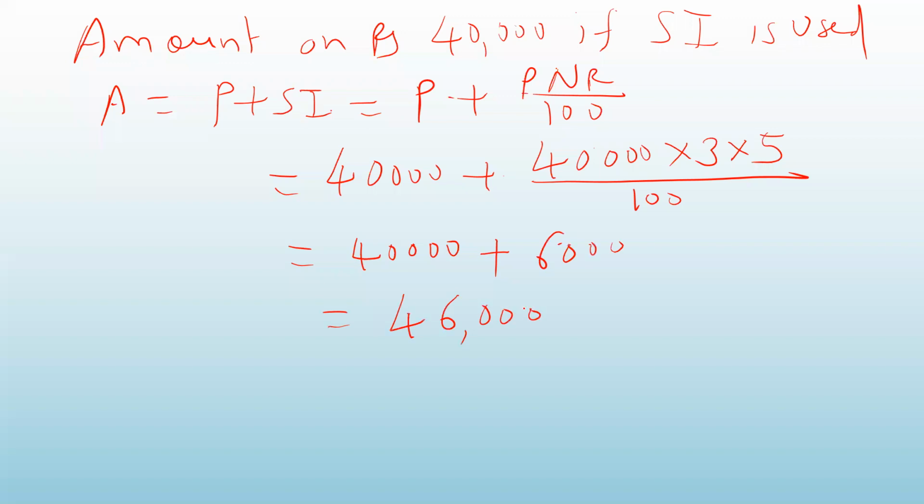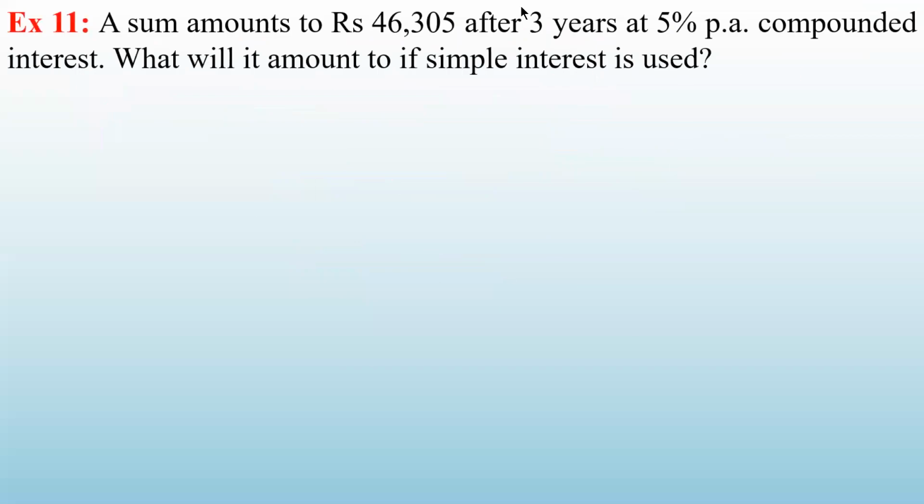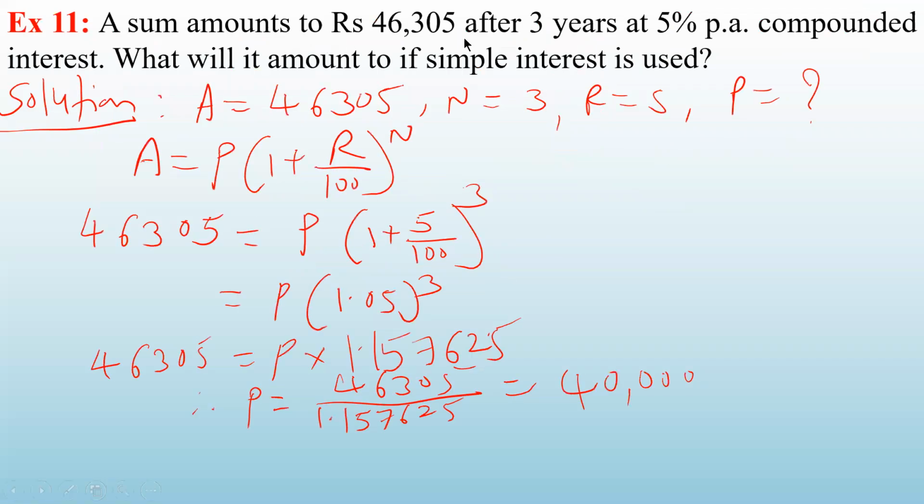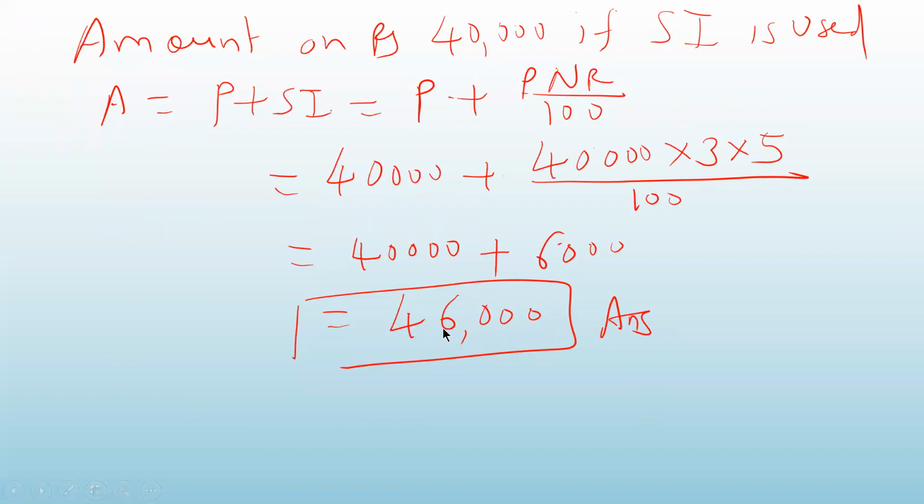So the amount on the same principal when simple interest is used is 46,000. So this is your answer. Look at here. The amount, if compound interest was used, was 46,305. Okay, and on the same principal, when you use simple interest, amount is less, 46,000 only.